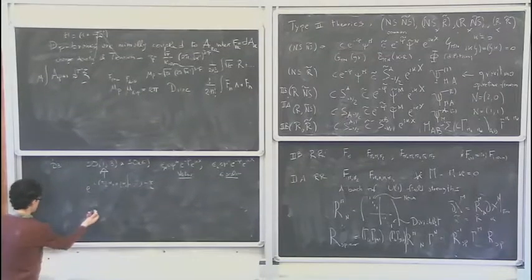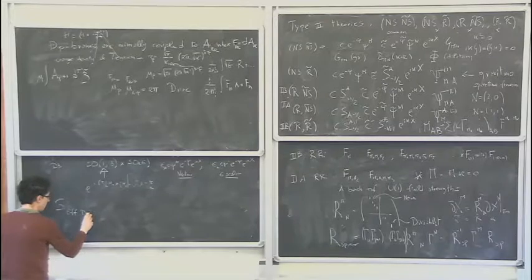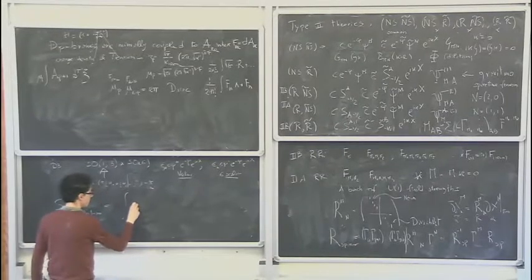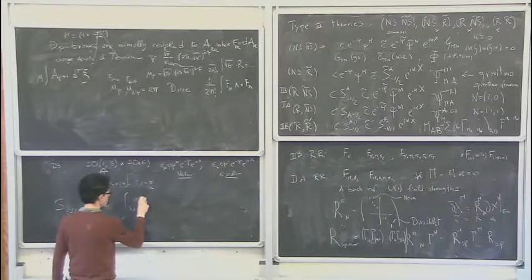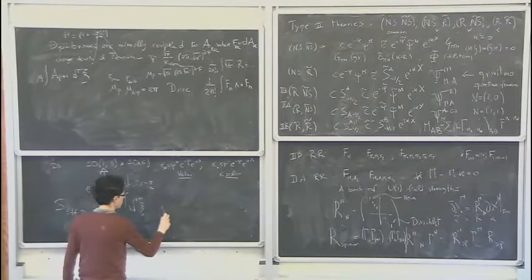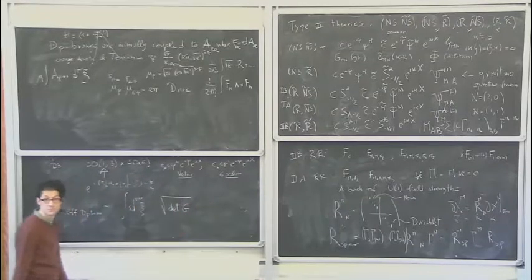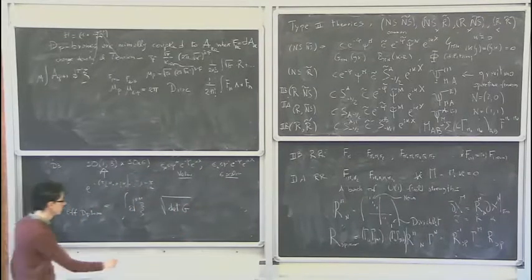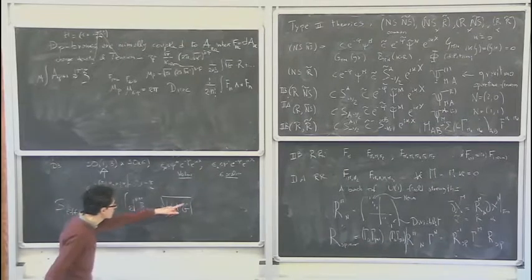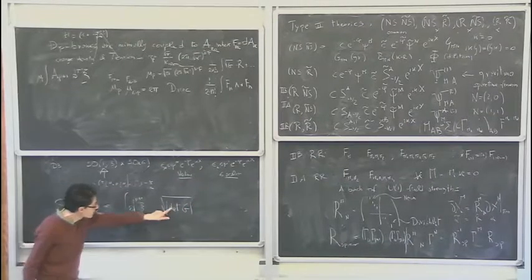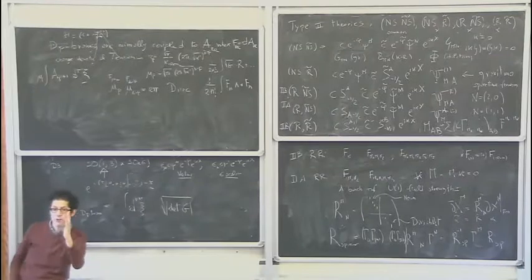So you can write, now seen as an effective Dp brane action, you would expect something that is the integral d^(p+1)ξ of the square root of the determinant of G, right? This object here, being the pullback, will depend on the shape of the brane.